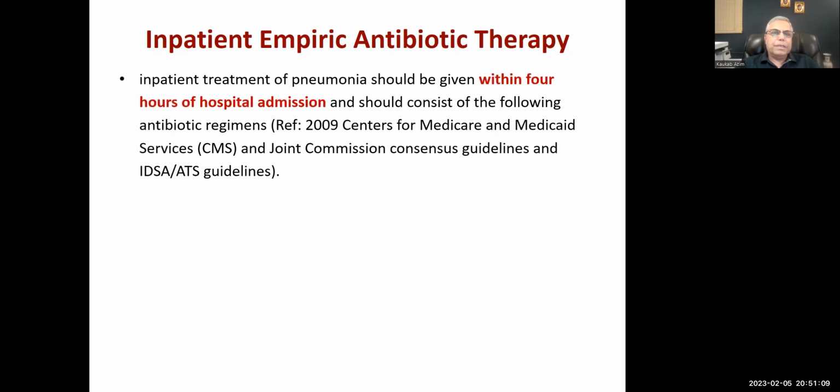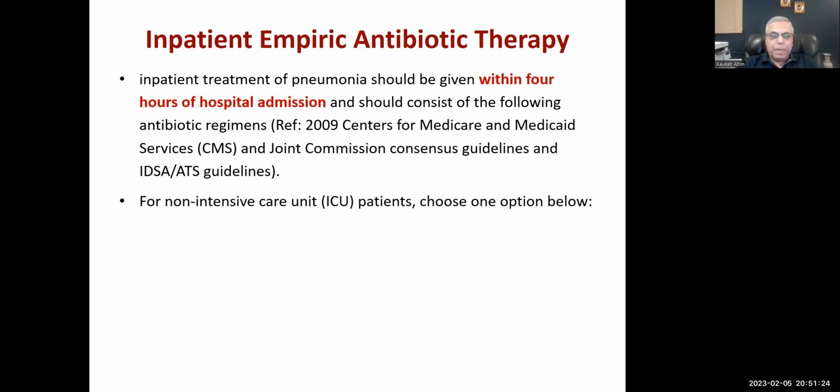So inpatient treatment of pneumonia should be given within 4 hours of hospital admission and should consist of the following antibiotics. This is the reference which is given. There have been some updates as well, but this one is still applicable. For non-intensive care and intensive care patients, choose one option below: beta-lactam plus macrolide, okay?